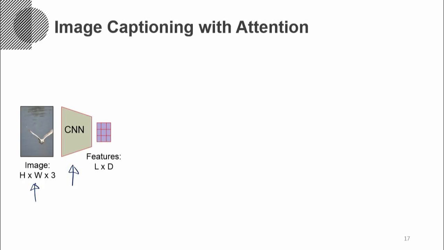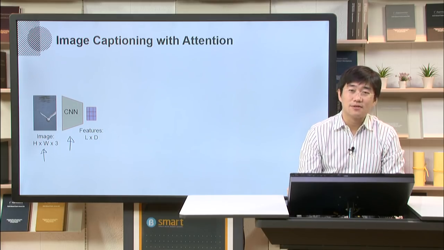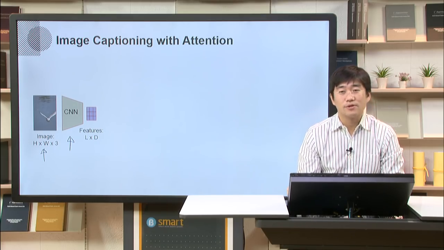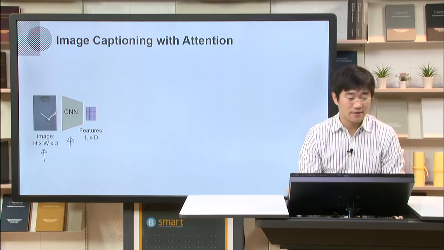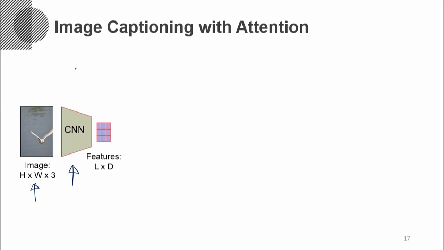But let's consider extracting a feature map from a particular convolutional layer. At some convolutional layer, suppose the activation map size was, for example, 14 by 14, and the depth was 256.